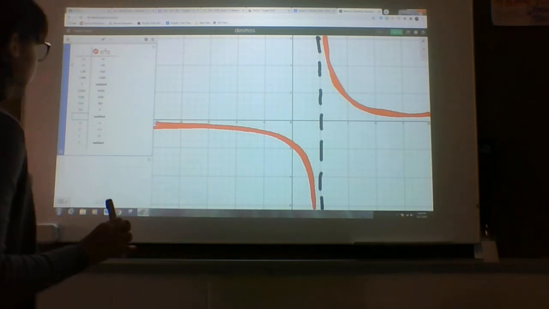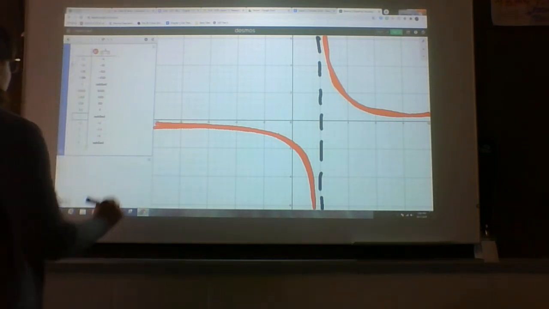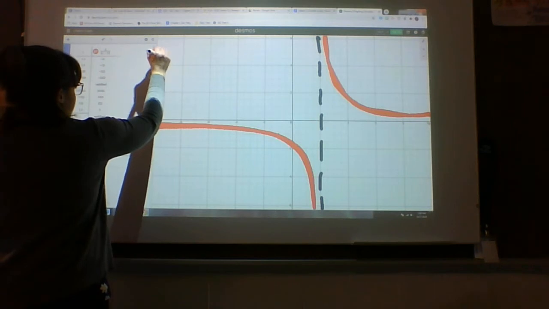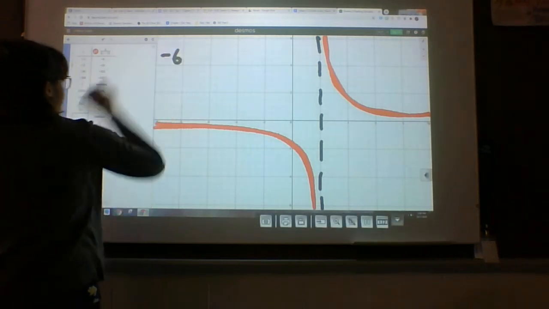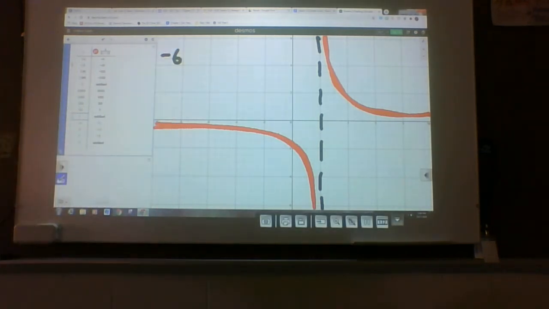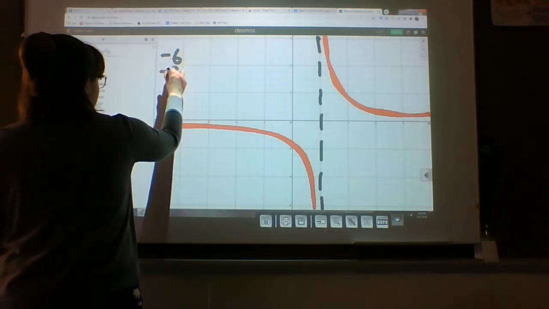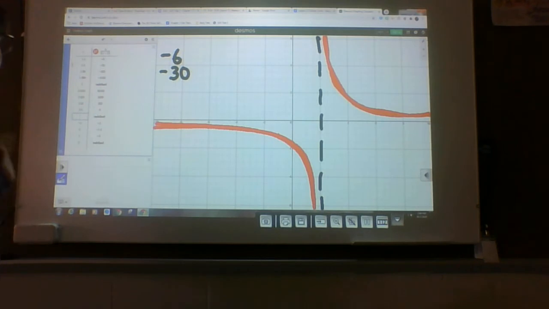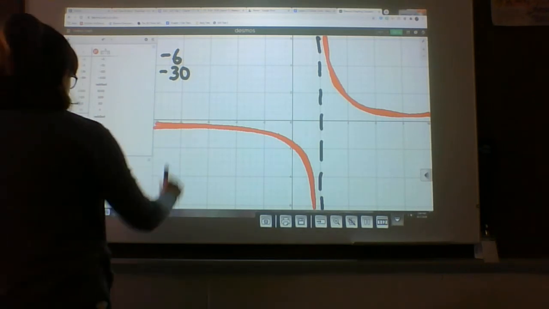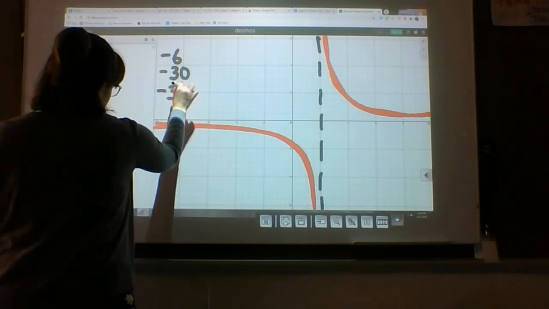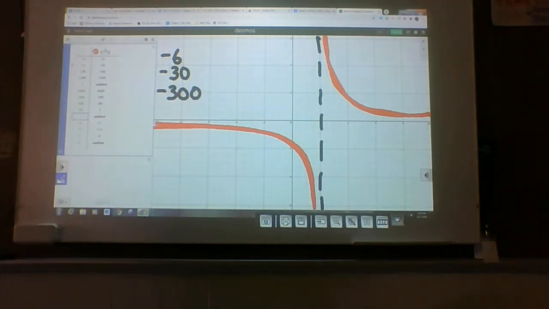Okay, so first, when I typed in 1.5, I got -6. For 1.9, I typed that in and I got -30. When I typed in 1.99, just 2 nines actually, sorry, got a little crazy with the nines, I got -300.